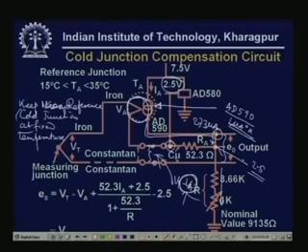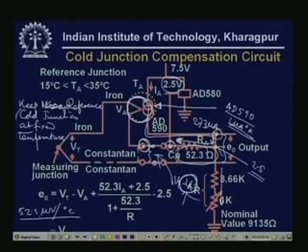But now as this temperature rises, the potential at this point will change by how much? For constantan, it will change by something like 52.3 microvolt per degree centigrade. So we have to compensate this. That's why a 52.3 ohm resistance is put, so that every additional microampere will now drive through this.